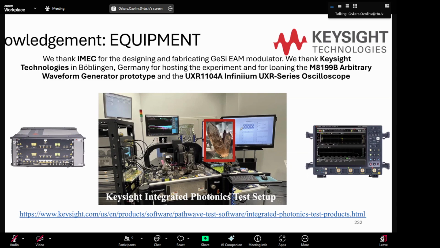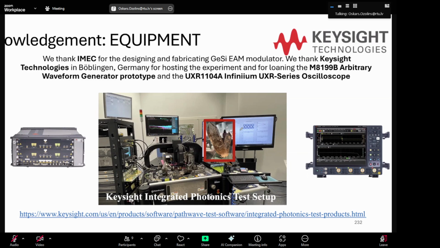So yeah, but it's a good opportunity for us to collaborate because we get access to equipment which sometimes is prototype and not available on the market. So that's quite a unique opportunity for us in the field.